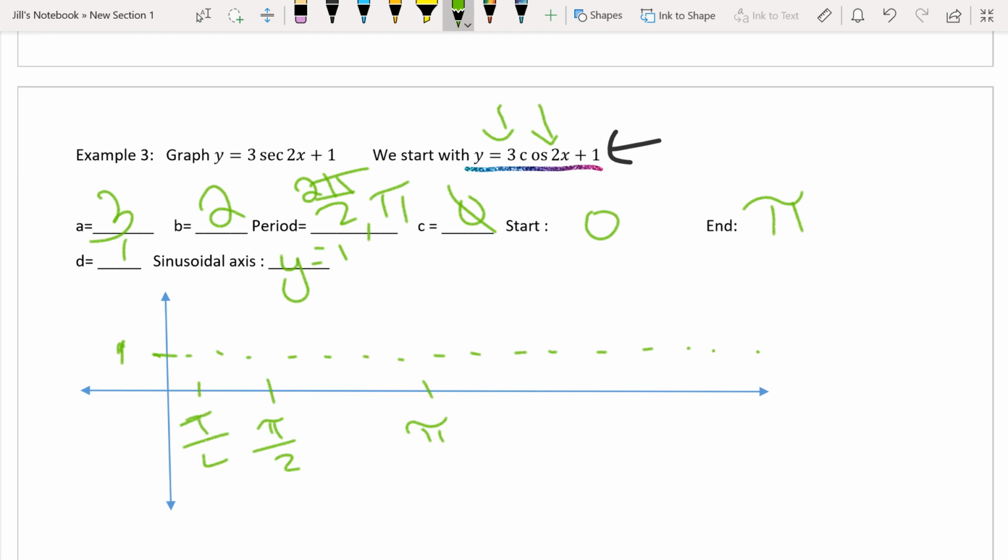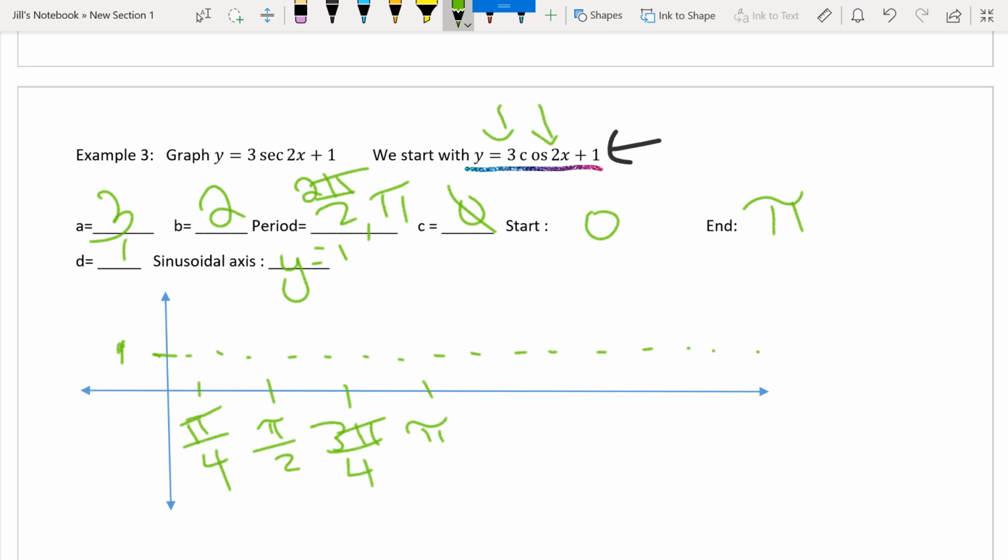Can't get the other half of my pi on it. There we go. Pi over 4, and this would be 3 pi over 4.